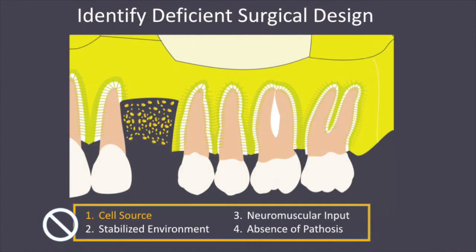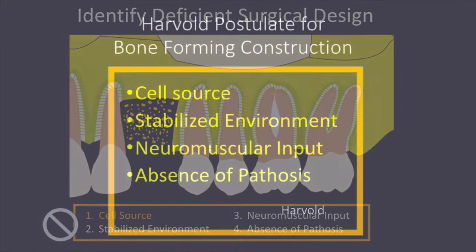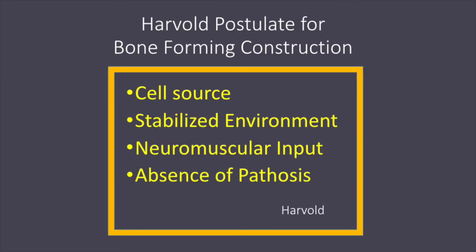Now, the conventional treatment was to place a bone graft in this site. So the logical protocol in this system is to examine sequentially whether or not this reconstruction proposal meets the criteria for a valid bone-forming construct, according to the Harvold principle.